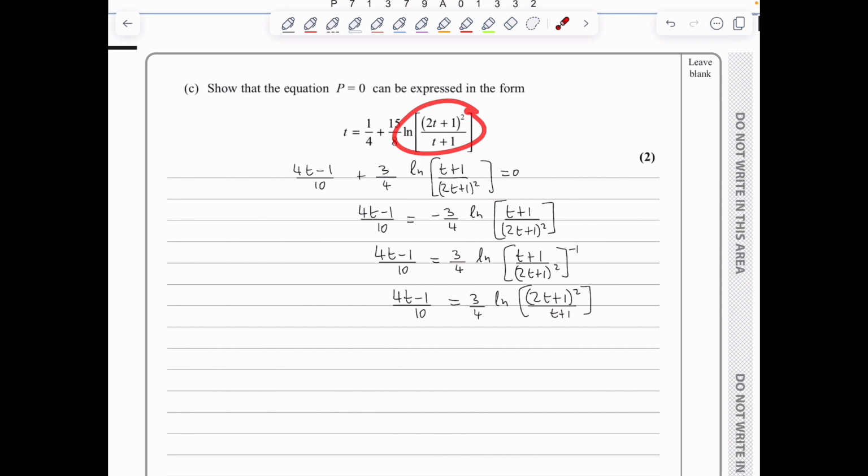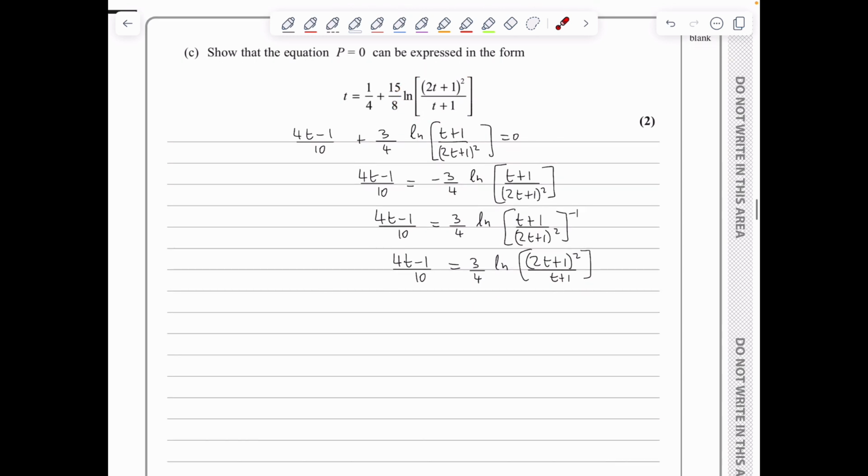And then the next thing to do is multiply by 10, leading to 4t minus 1 is equal to 15 over 2 ln of (2t plus 1) squared over (t plus 1). And therefore it's obvious that the next thing is to take the negative 1 on the right hand side, leading to 4t is equal to 1 plus 15 over 2 ln of (2t plus 1) squared over (t plus 1).